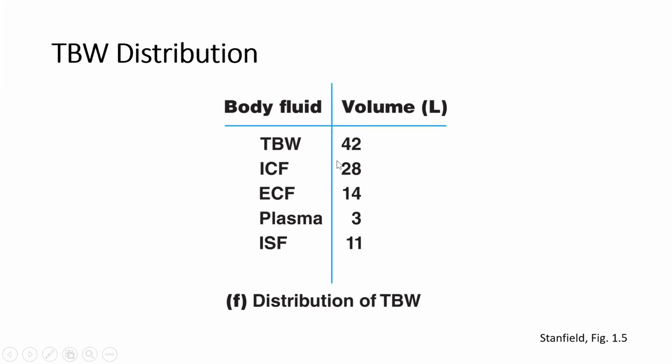And of total body water, most of that, a little more than half of it, is actually inside our cells. So most of total body water is actually inside our cells. And then of the extracellular fluid, we can see that most of the ECF is actually around the tissues and very little of it is within the plasma.